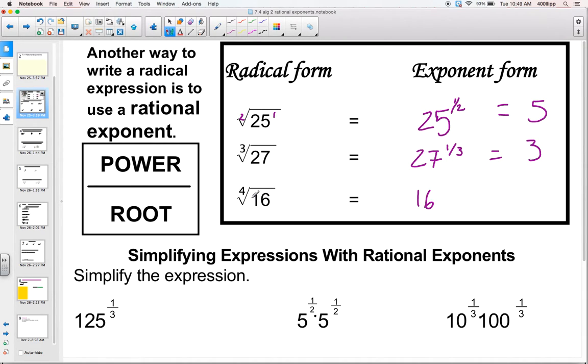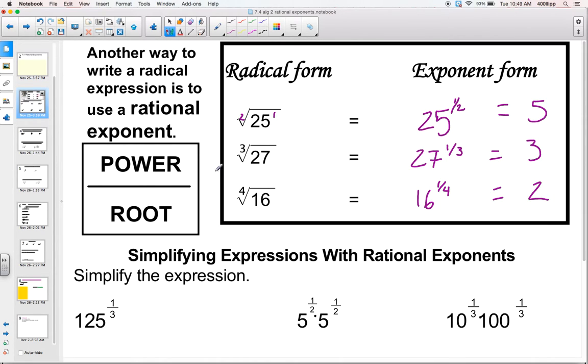The power is a 1 over, and then our root is a 4. So 16 to the 1/4. And whenever we take the fourth root of anything, it's the same as taking the square root twice. So if we take the square root of 16 twice, the square root of 16 is 4, and the square root of 4 is 2.